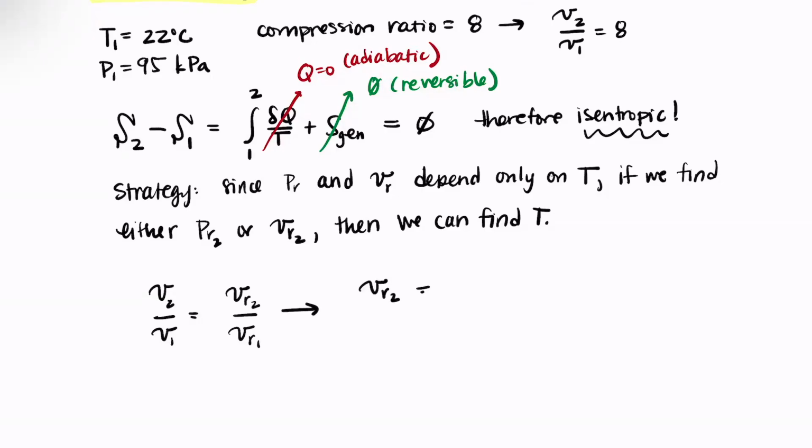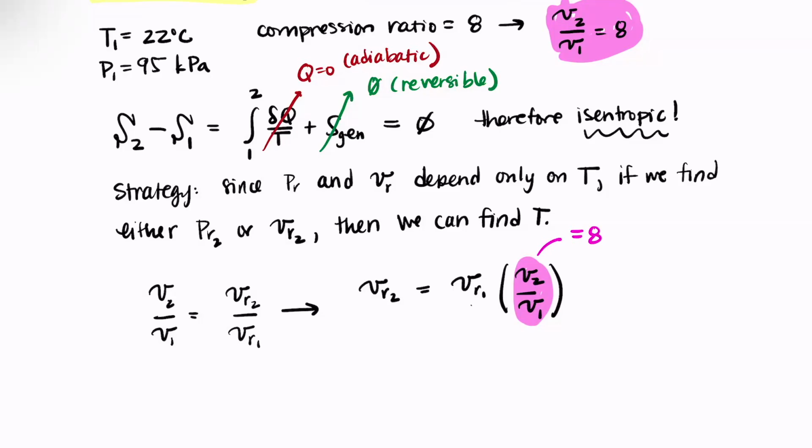So I have VR2 is equal to VR1 times V2 over V1, and this is 8, so I'm going to put 8 in here. And we're given the temperature for T1, so we can find VR1.